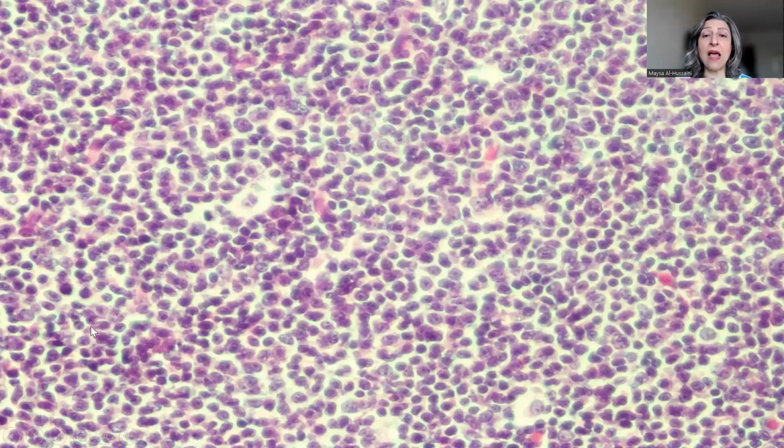And again, here at slightly higher power magnification, we see the same, not much in the way of mitosis. There isn't much mitotic activity, just scattered cells.